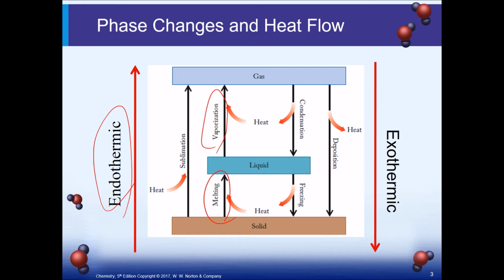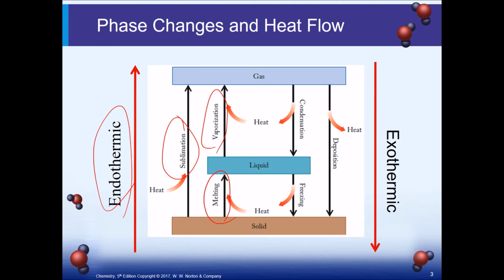Now, we can also, in some cases, go straight from the solid phase to the gas phase simply by breaking the molecules in those optimal conditions straight apart into being far apart molecules, and we term this sublimation. This is what happens in dry ice. Dry ice is solid carbon dioxide, and if you put it out in just room temperature conditions, it will go straight from the solid phase to the gas phase, and that is also an endothermic process.